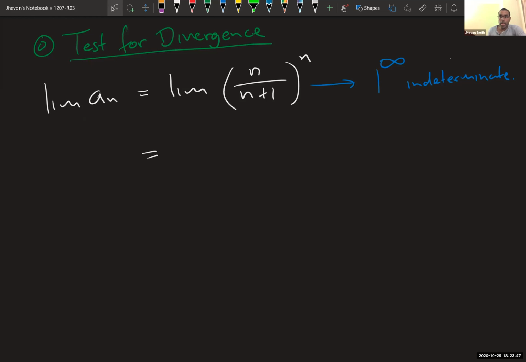I'll tell you the short way to do this. Notice that this is the same as the following. I flip it and put it in the reciprocal. Do you guys see it?